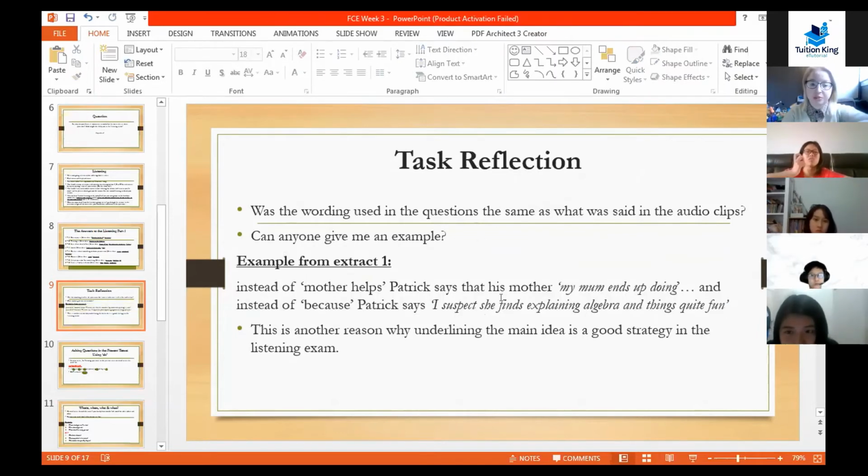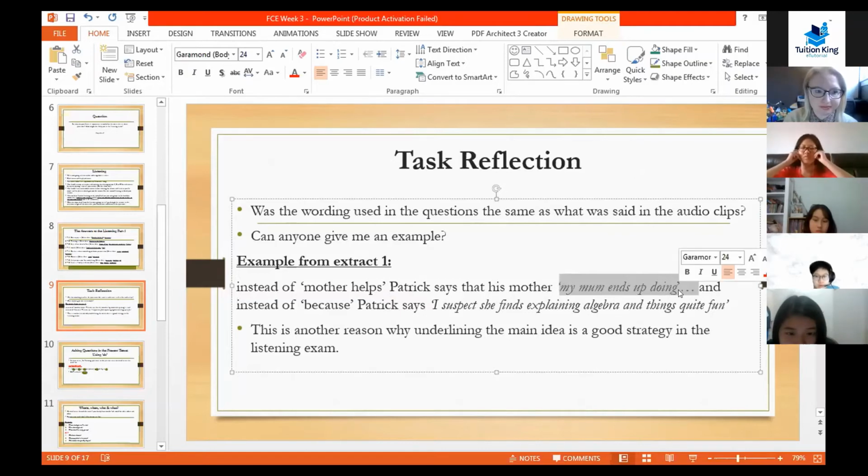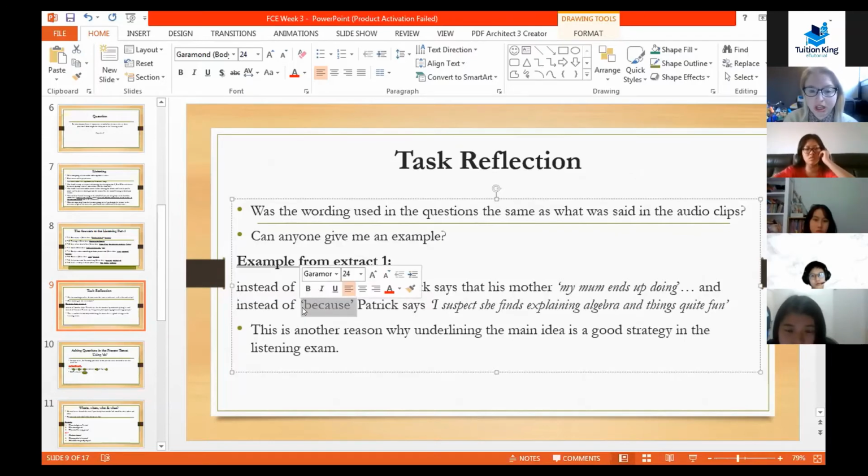So from extract 1, in the question that you saw in your book, the ideas that were underlined, mother helps, but Patrick doesn't use this wording. Instead, he says, my mum ends up doing. And again, he doesn't say because explicitly, even though because was an underlined main idea.